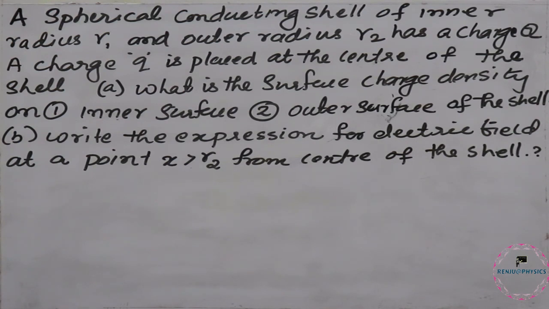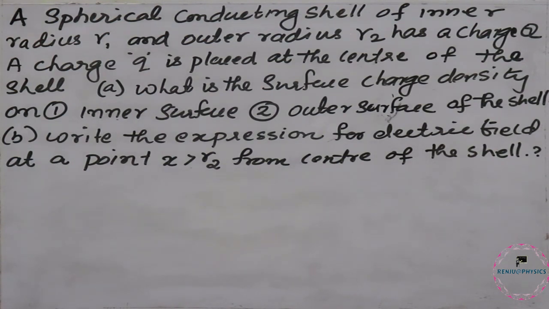The first question, what is the surface charge density on the inner surface and the outer surface of the shell? So we need to find the surface charge density on the inner surface and outer surface of the spherical shell. And the second question, write the expression for the electric field at a point x greater than R2 from the center of the shell.